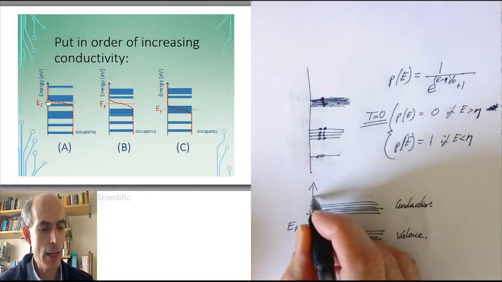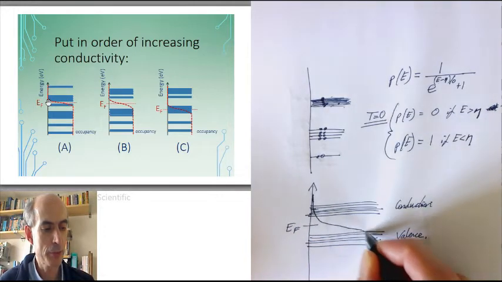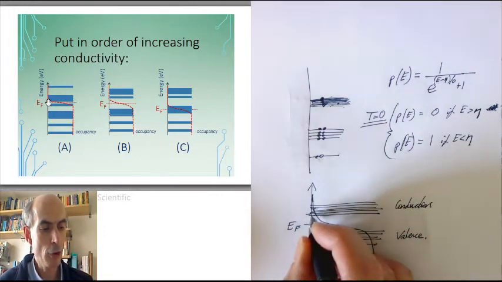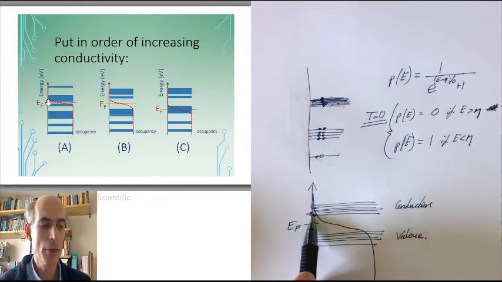And if I have a Fermi distribution which is doing something like this, I've got a few electrons up there in the conduction band, and they can easily move, so you can get some current caused by these electrons moving, but not that much current because there aren't very many electrons up there.